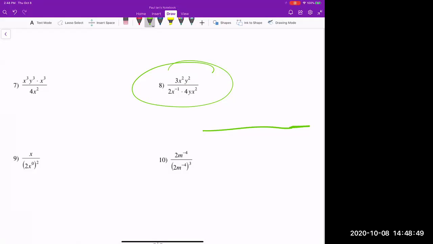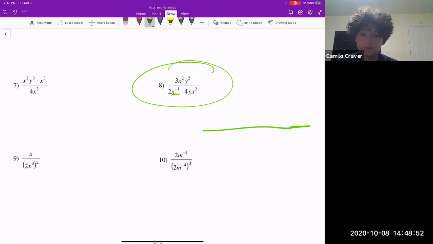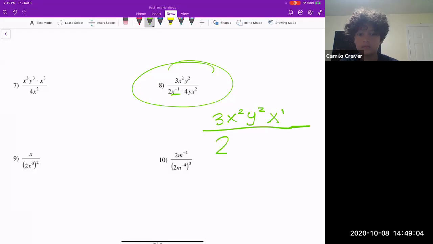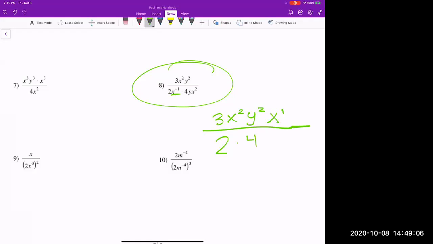So put this guy. I'll put 3x squared, y squared, and then x to the 1, if it helps. And then the 2 stays at the bottom, right? Yeah. 2 times 4. And I like putting the x's first. So what do you do next?